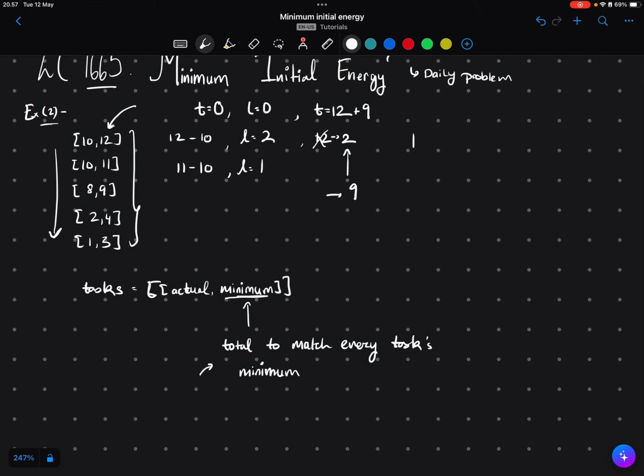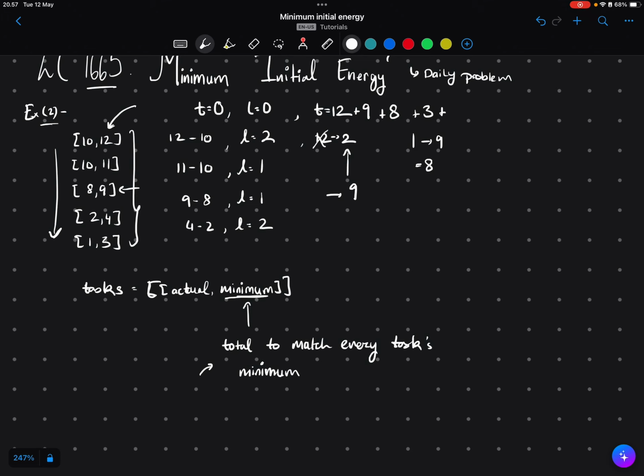Now what's the difference between 1 and 9, if we consider this? 8. So we need to borrow 8 again. We do plus 8, and then 9 minus 8, we will be left with 1. Then we borrow 4 minus 1, which is 3. So we will borrow 3. We do 4 minus 2 and we will be left with 2.